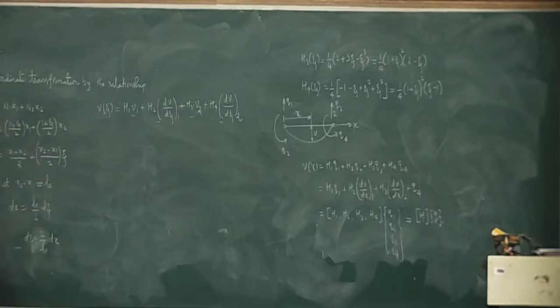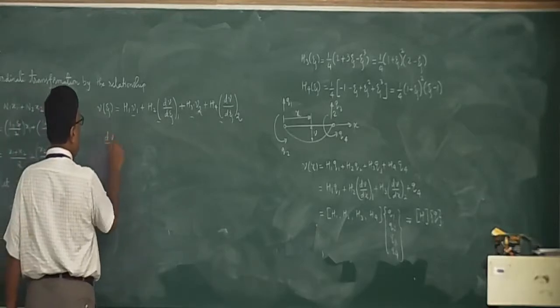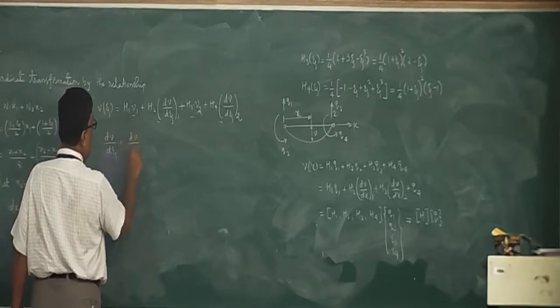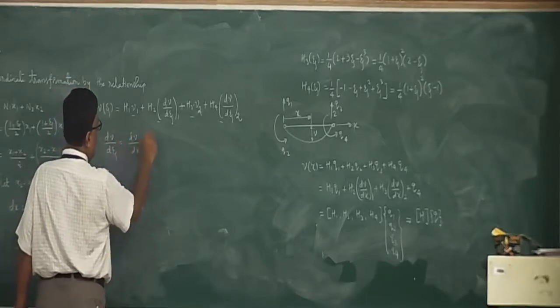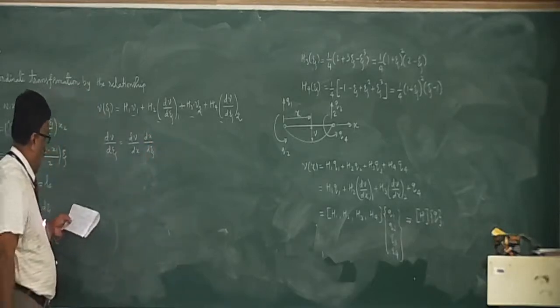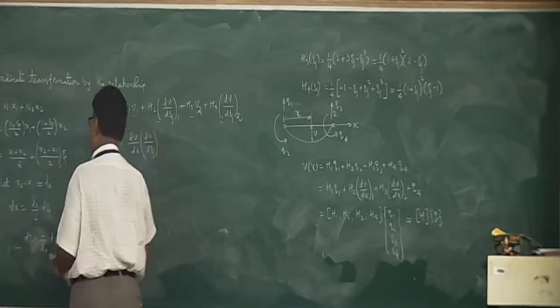Now we need to find out how to relate dV/dx as well as dV/dζ. Let us use the chain rule, dV/dζ = dV/dx into dx/dζ. You already know dx/dζ from this relation.